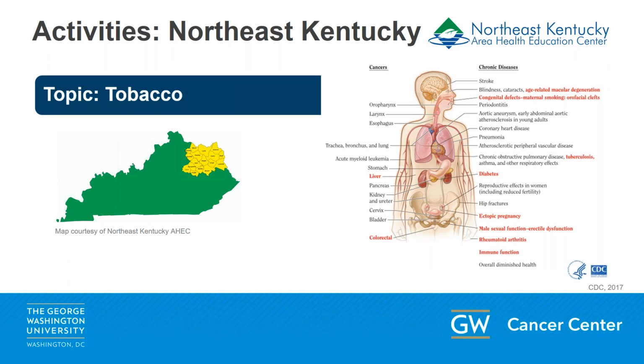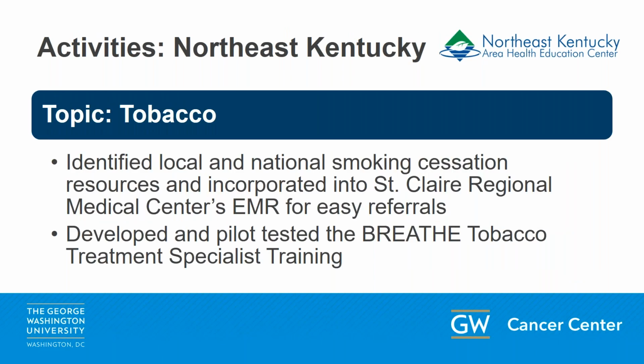And chronic disease professionals also have a stake in tobacco, as it's been linked to heart diseases, asthma, and dental diseases. So those stakeholders got together at the roundtables and identified activities that integrate cancer and chronic disease interests.